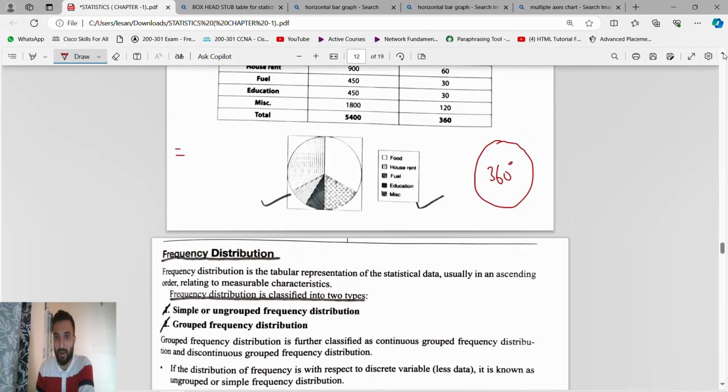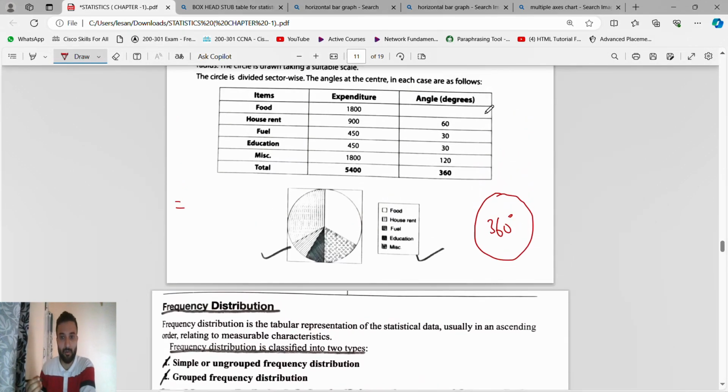Suppose you have to find the central angle or degree of anything. Suppose for house rent, what is the house rent expenditure? 900.